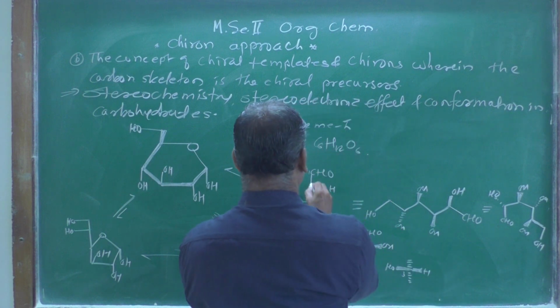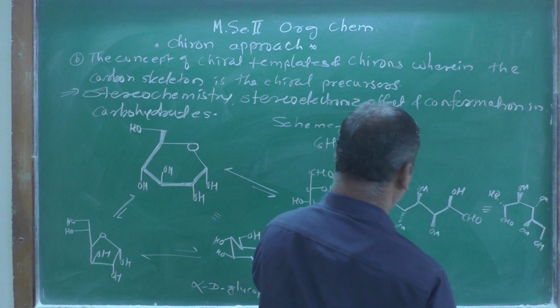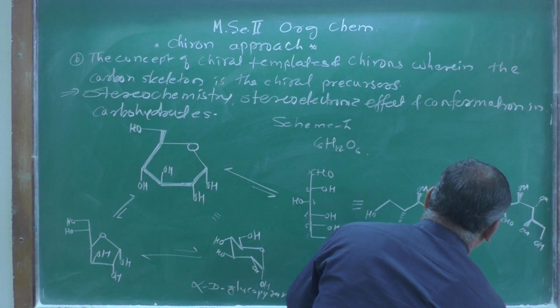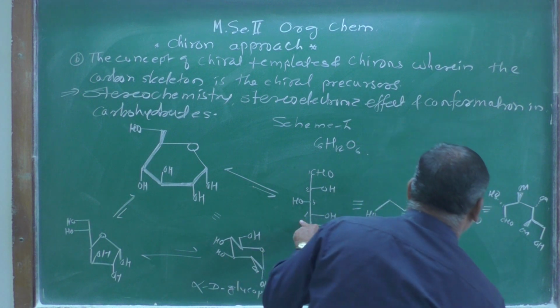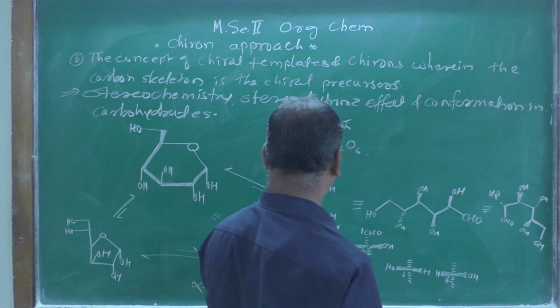This is 1, 2, 3, 4, 5 and 6. At carbon number 4 we can show it like this, with the hydrogen atom. At carbon number 4, OH is on the right hand side and H on the left hand side.